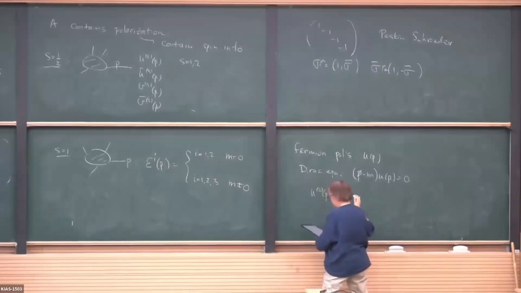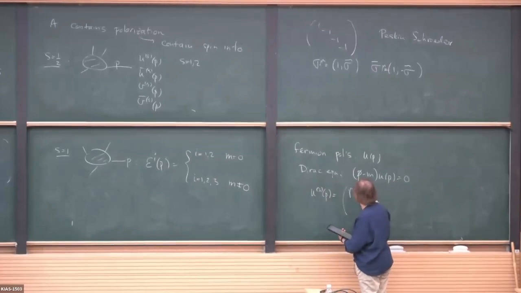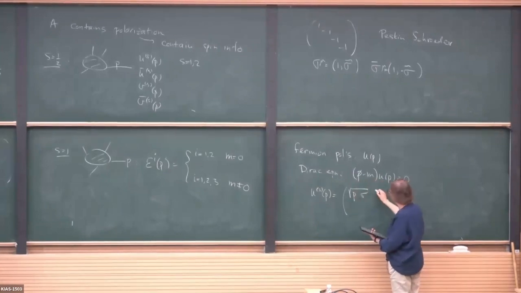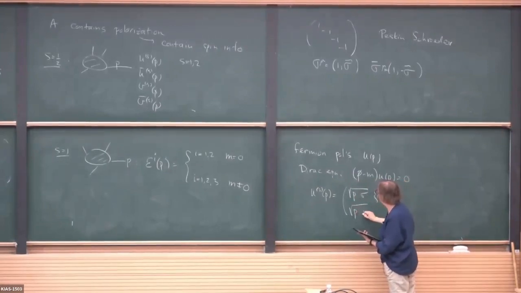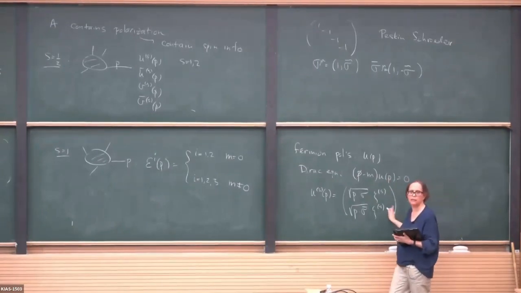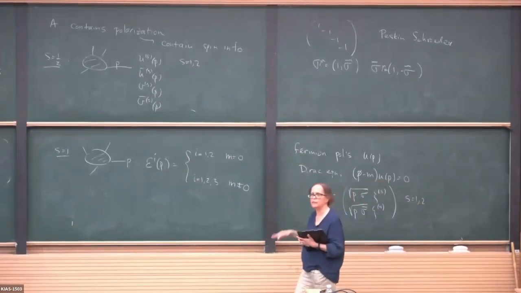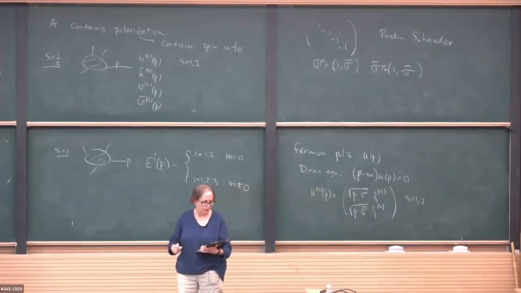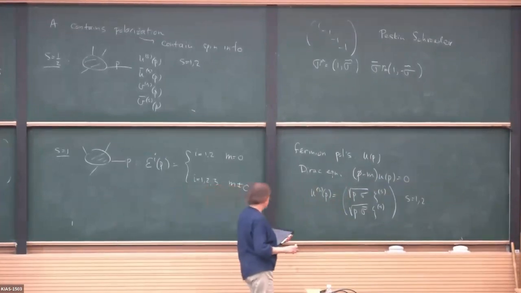I can write them as follows, where s equals 1 and 2 describes the two spin states. This is exactly the form that Peskin uses. And I think you probably saw that before.